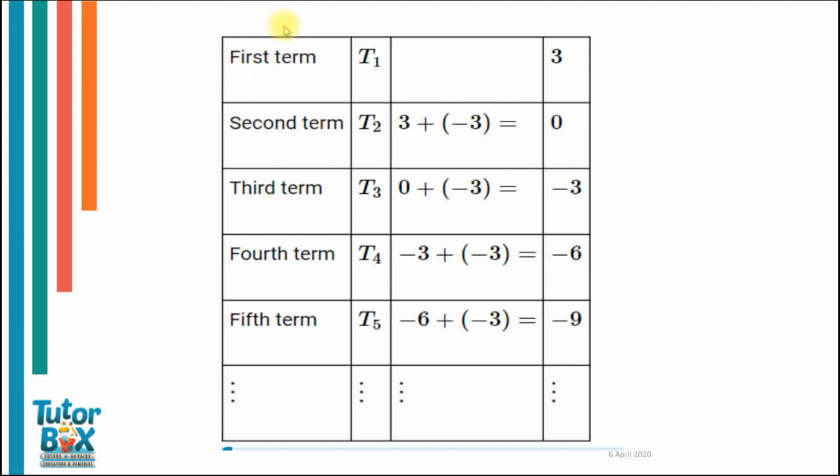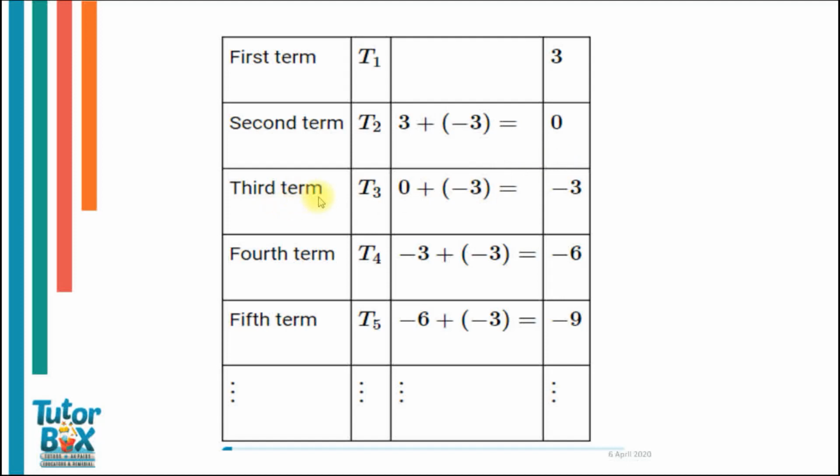Here's a nice table for you guys. The first term, T1, is 3. The second term, T2, is 0. So 3 plus minus 3 gave us 0. So you see that our common difference was actually minus 3. If you think about it this way, for you to move from 3 to 0, you actually have to subtract 3, so that's why the difference is minus 3.